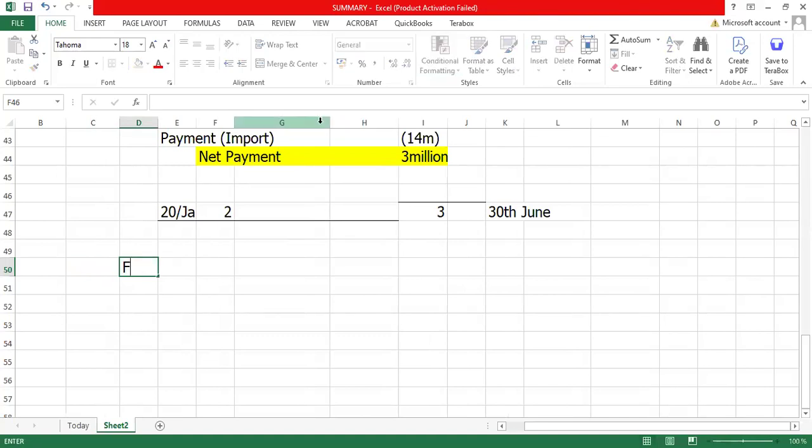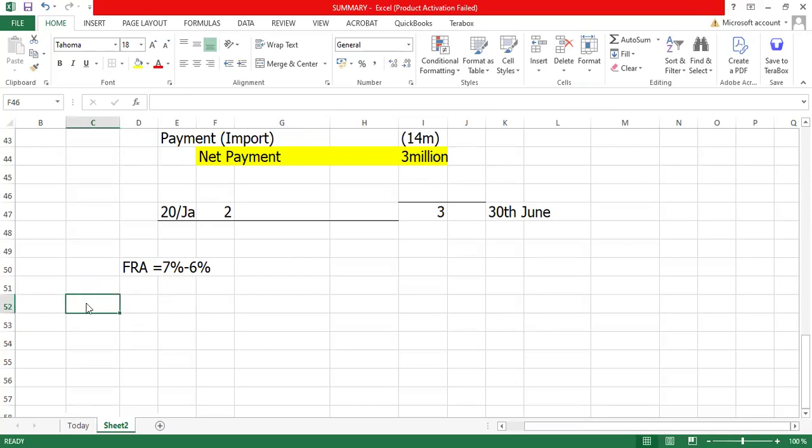So here our forward rate agreement is the one given, 7 to 7.26. Okay, so let's apply the same knowledge from here.